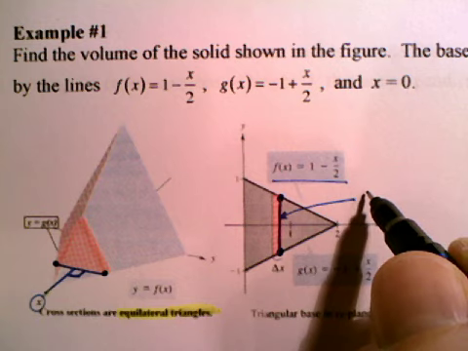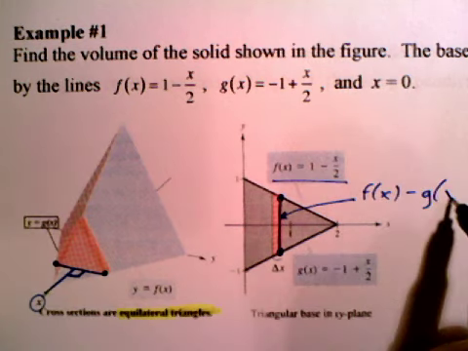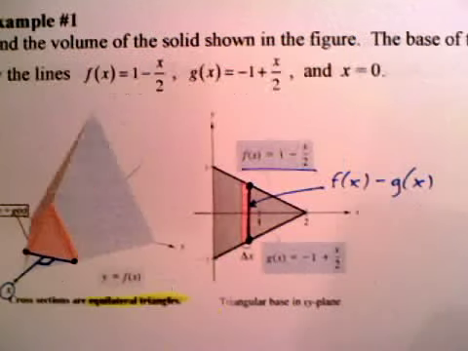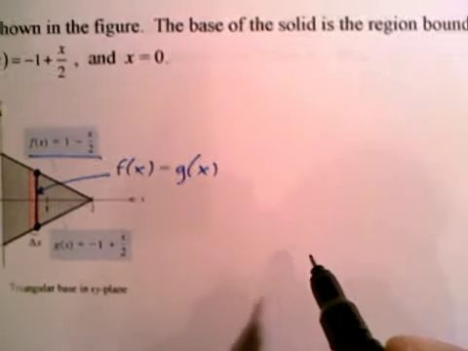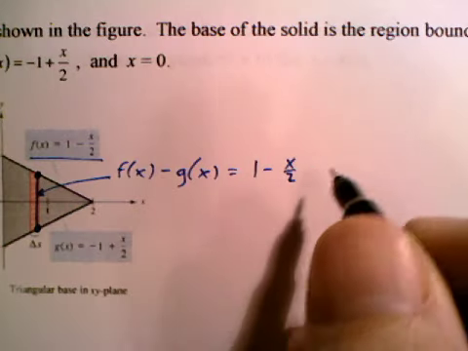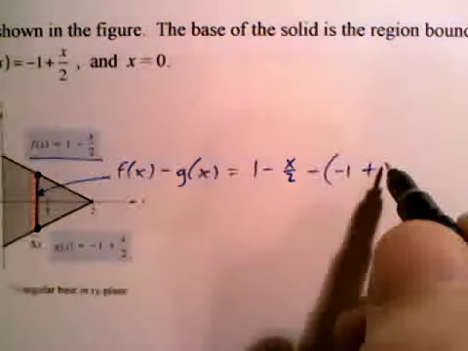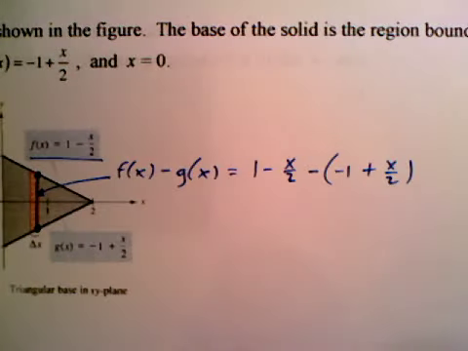This would be f of x, the length of the base, minus g of x. Let's move this over. f of x is 1 minus x over 2, and g of x is negative 1 plus x over 2.